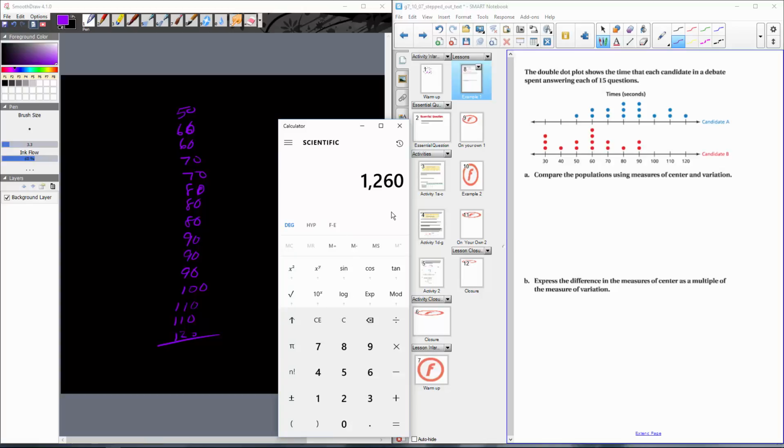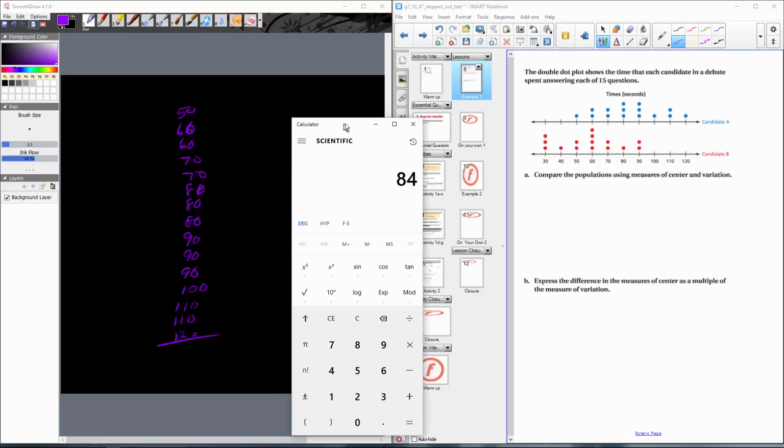And I get this 1,260, big number, right? And I have to divide it by the amount that there were. So there's 1, 2, 3, 4, 5, 6, 7, 8, 9, 10, 11, 12, 13, 14, 15. So I'm going to say divided by 15. And I'm going to get 84 as my answer.